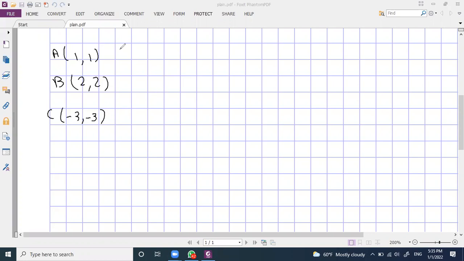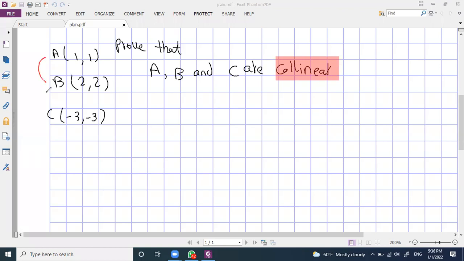I want to prove that A, B, and C are linear. What is the meaning of linear? Linear means on the same straight line. So how can we prove that the points A, B, and C are collinear?